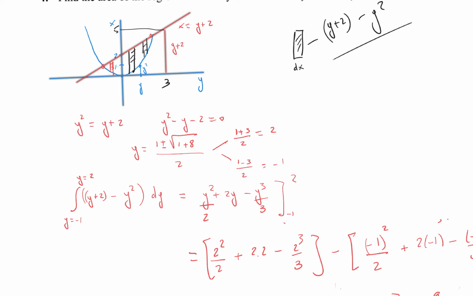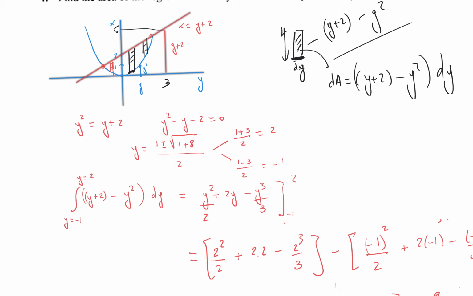The area will be, sorry, it's not by dx, it's by dy. So the small area of a piece will be y plus 2 minus y squared, that is the vertical length, multiplied by dy, the width of the elements. And I will sum.